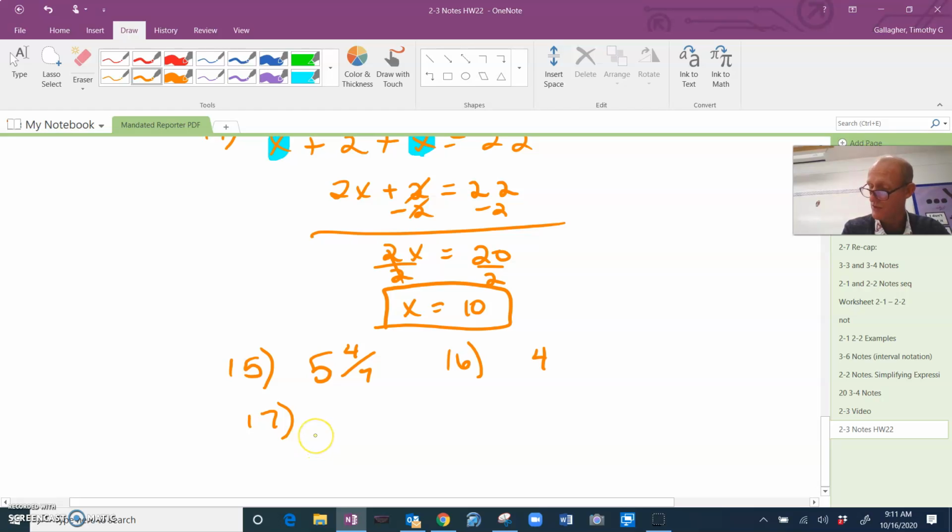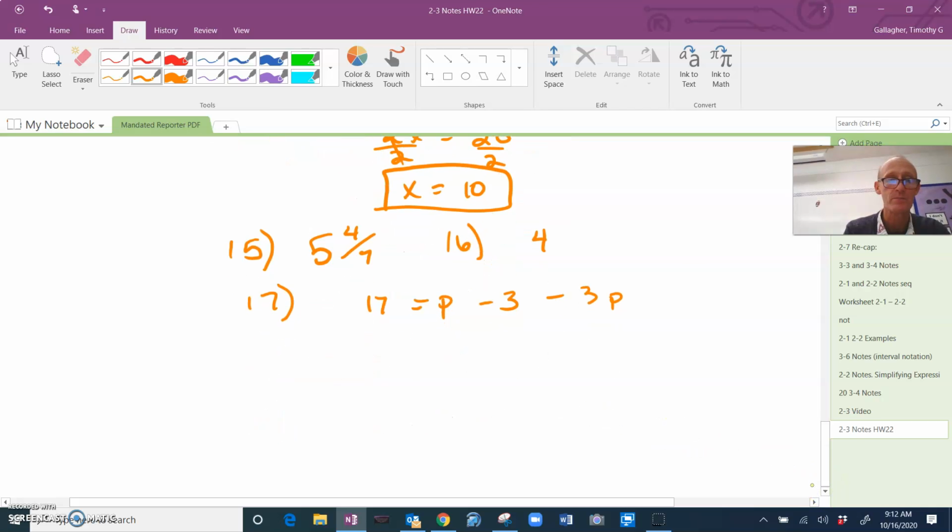Let's do 17 together. It's 17 equals p minus 3 minus 3p. Now, this term and this term are like each other, and they get combined to give us negative 2p. This term still gets brought down, minus 3. And then on the left-hand side is 17.